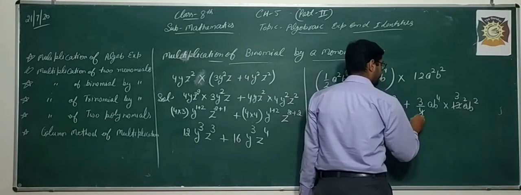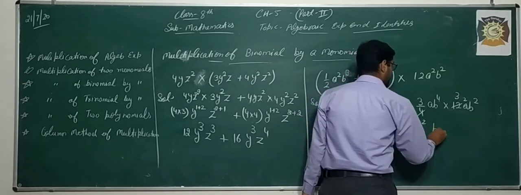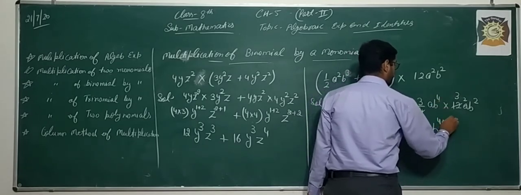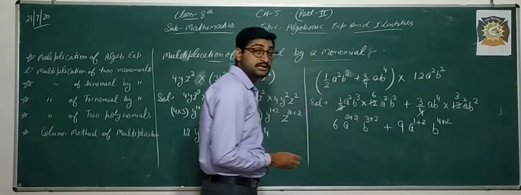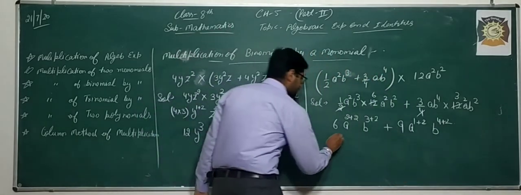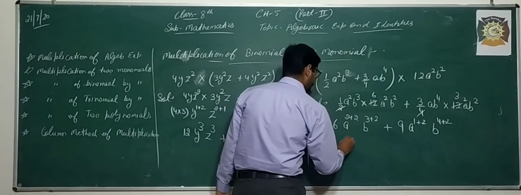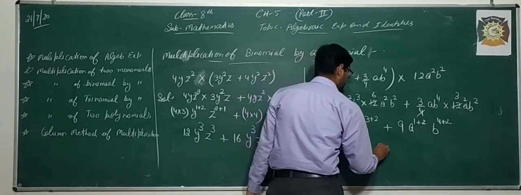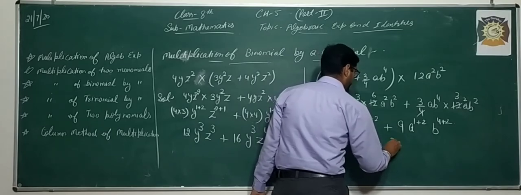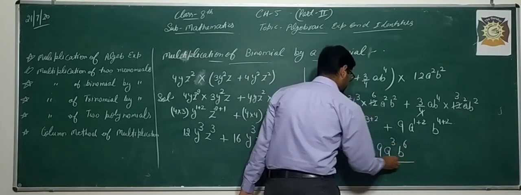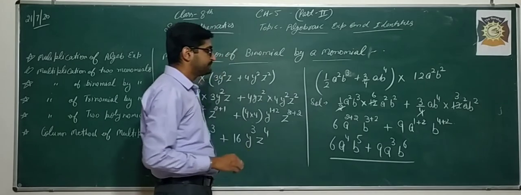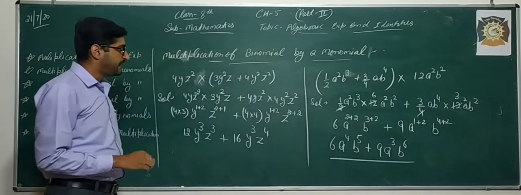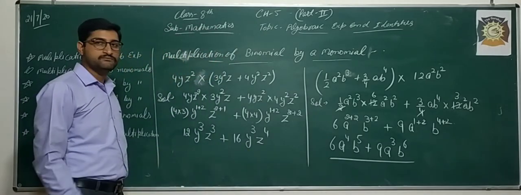A power 1 plus 2 and b power 4 plus 2. Is it clear to everyone? Now 6 a power 4 b power 5 plus 9 a power 3 b power 6. So this is the product of a binomial by a monomial.